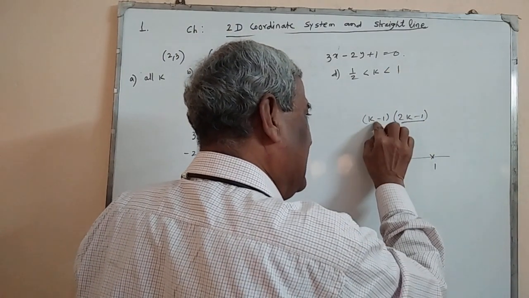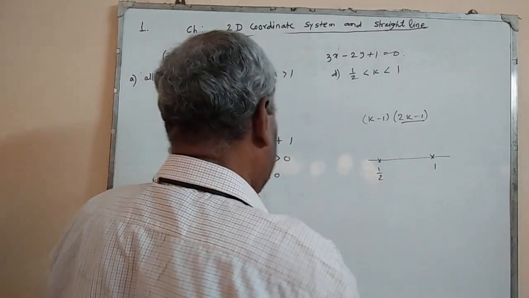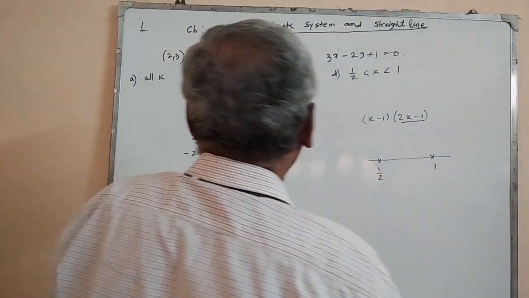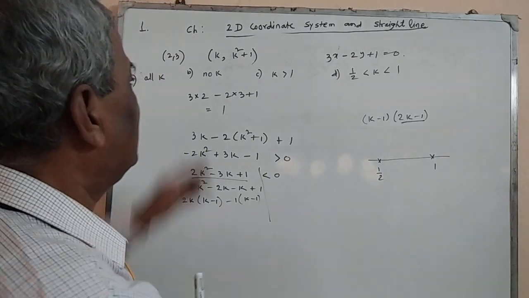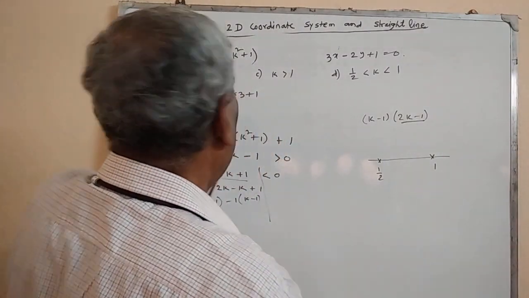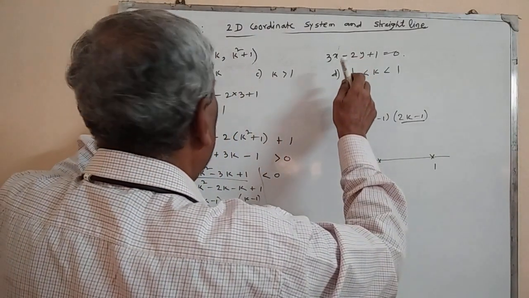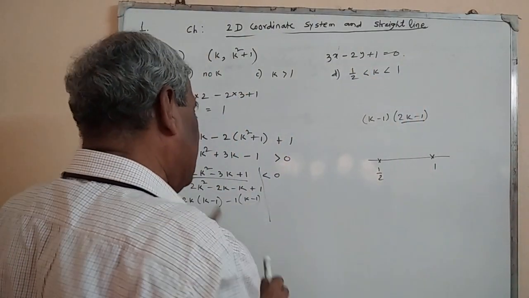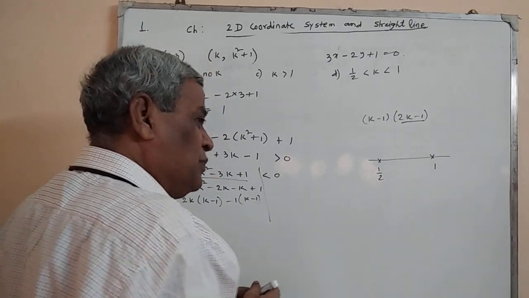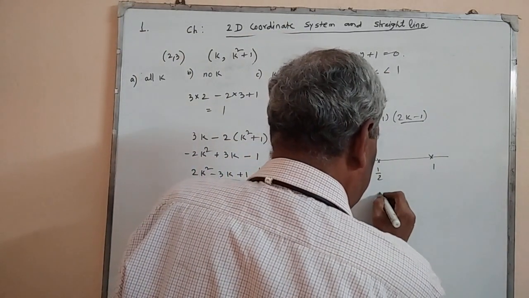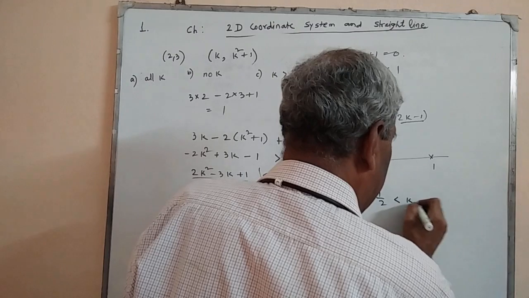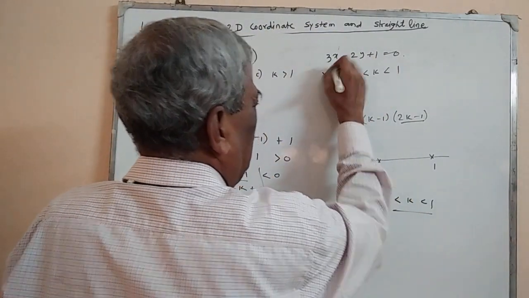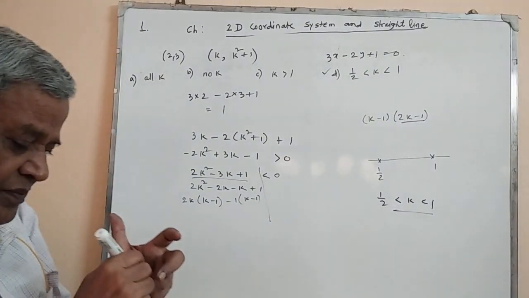So the product of negative and positive is negative. So it must satisfy that. This point will lie on the same side as 2, 3 with respect to that straight line, which means half less than k less than 1. So option D is correct.